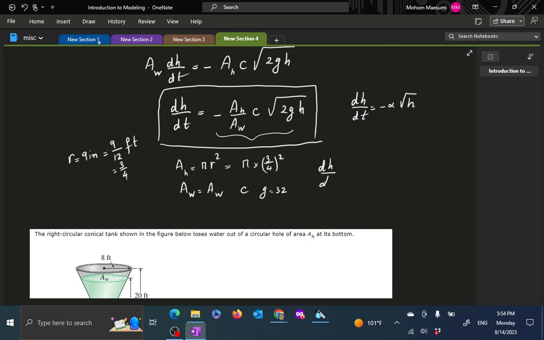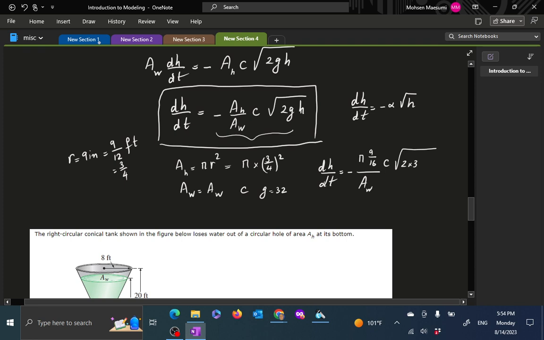dH/dt, so let's write it out, but that's fine. So pi times 3/4 squared, so that's going to be 9/16. AW is just AW. C is just C. g is 32. H is, well, just H. And this 2 times 32, 64 comes out, 8.